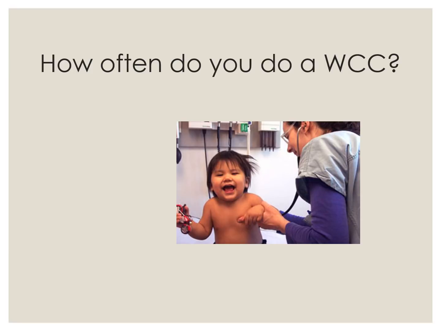How often do we do Well Child checks? We do them within the first couple days of life. So newborn check at 2 to 5 days old, making sure they haven't lost too much of their birth weight, checking to see how breastfeeding is going or if they're formula feeding, how that is going.